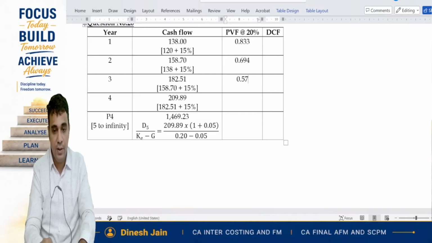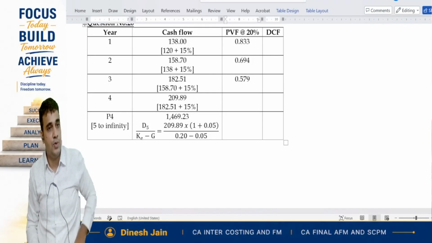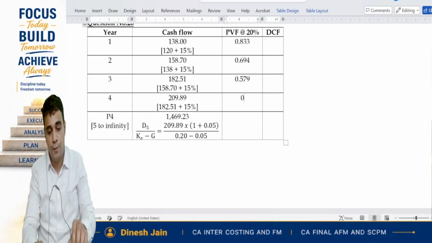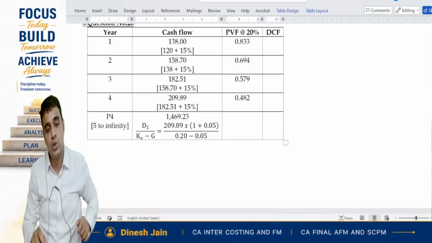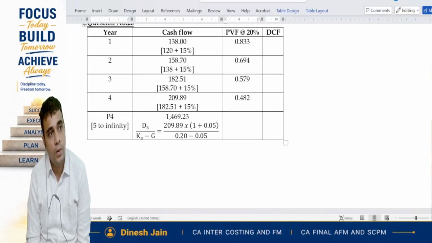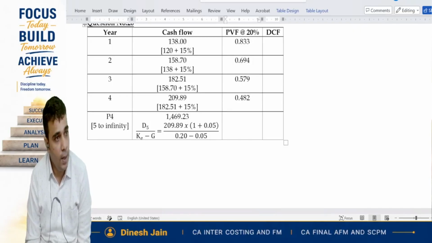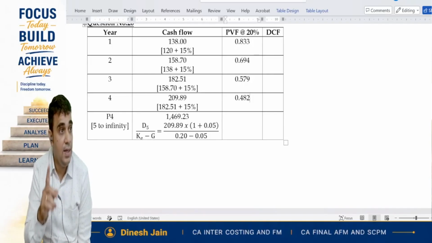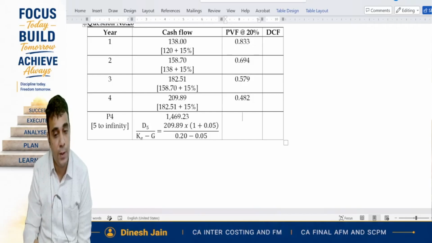You can do 4 decimal or 3, I leave the choice to you. 482. 1 divided by 1.2, this we learnt in time value of money. 833, 694, 579, 482. Then what is the next one?